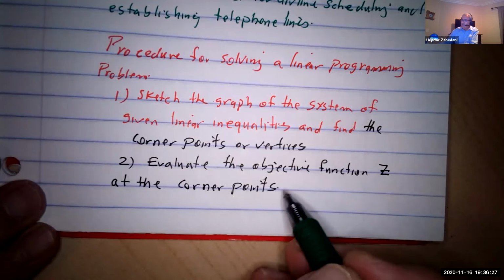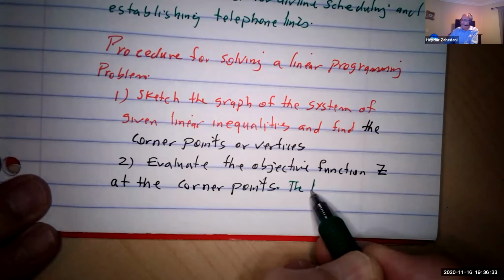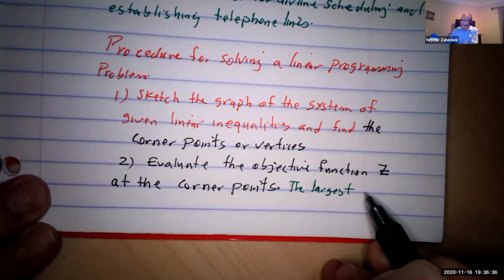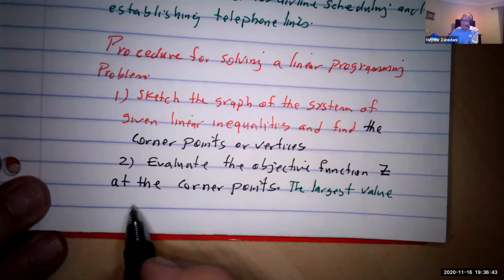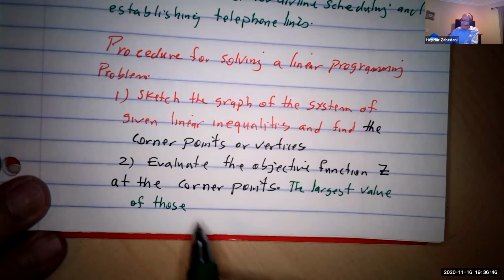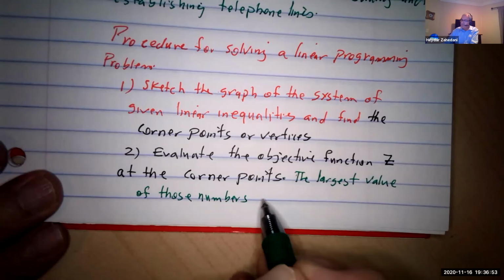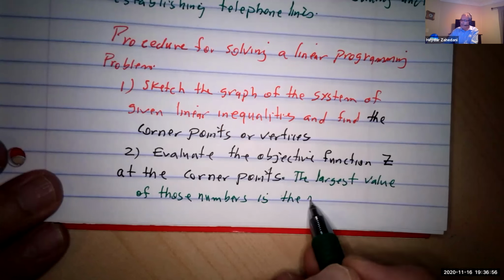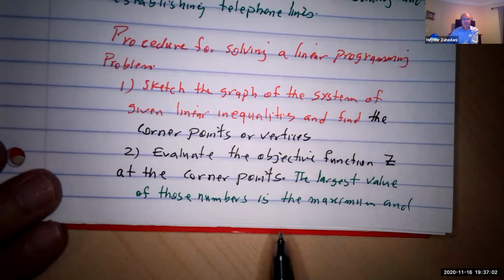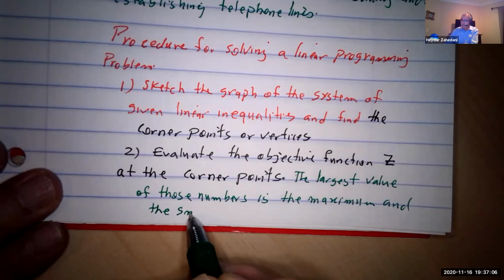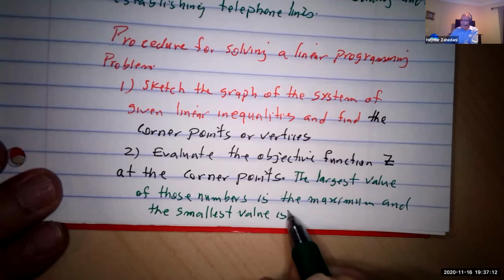Then the largest value of those numbers is going to be the maximum, and the smallest value is the minimum.